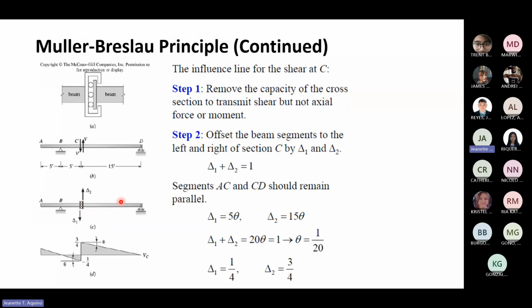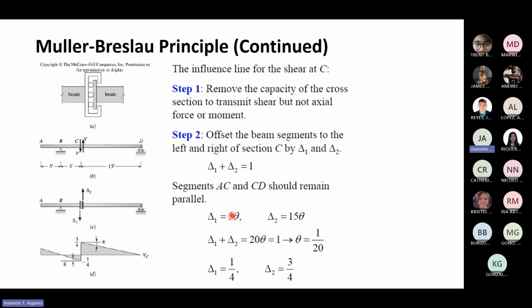Okay, so delta 1 is equal to 5 theta plus 5. That will be 15 theta.